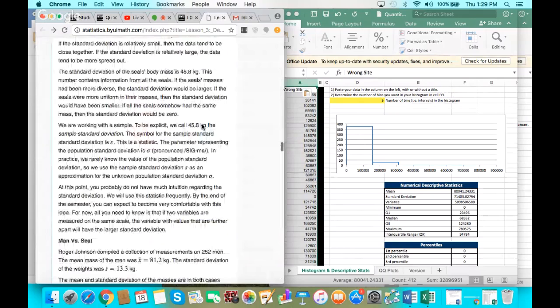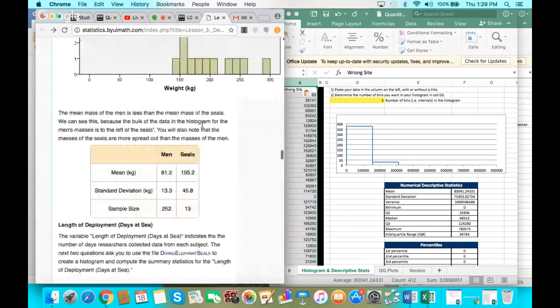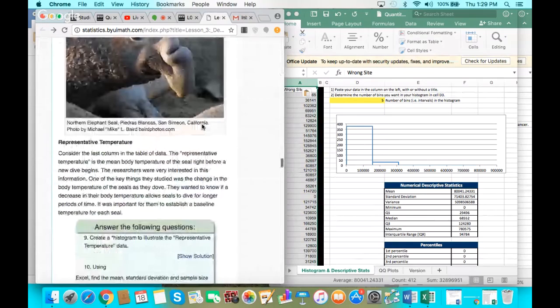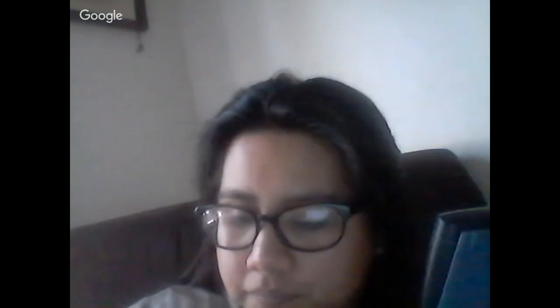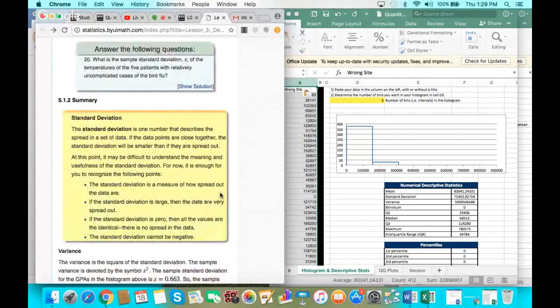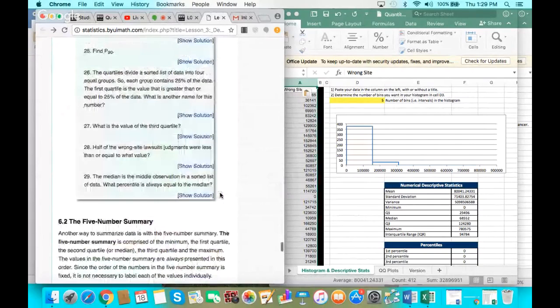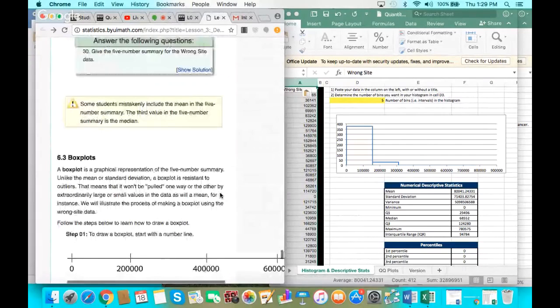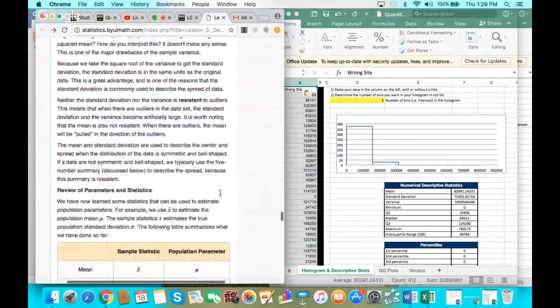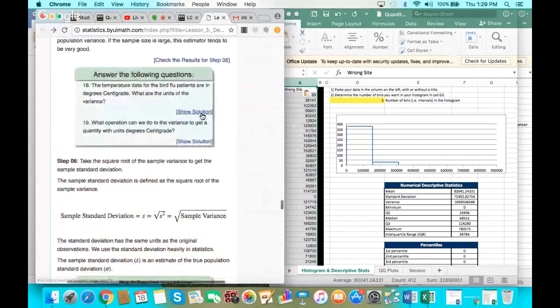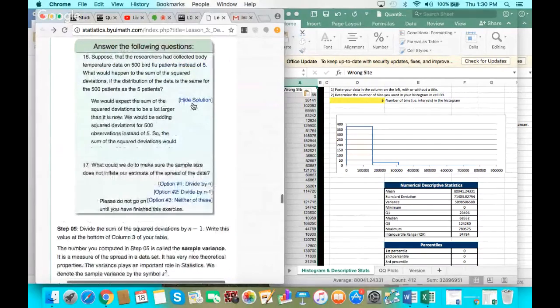Standard deviation. It says round to the nearest tenth.